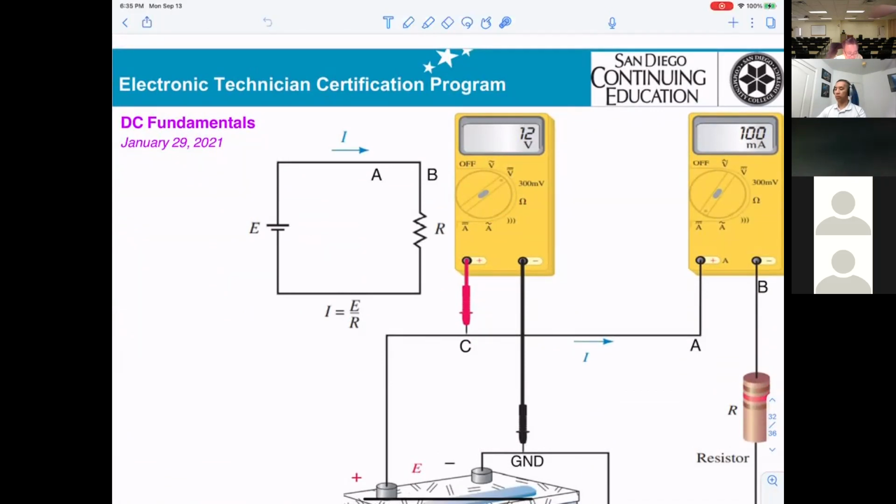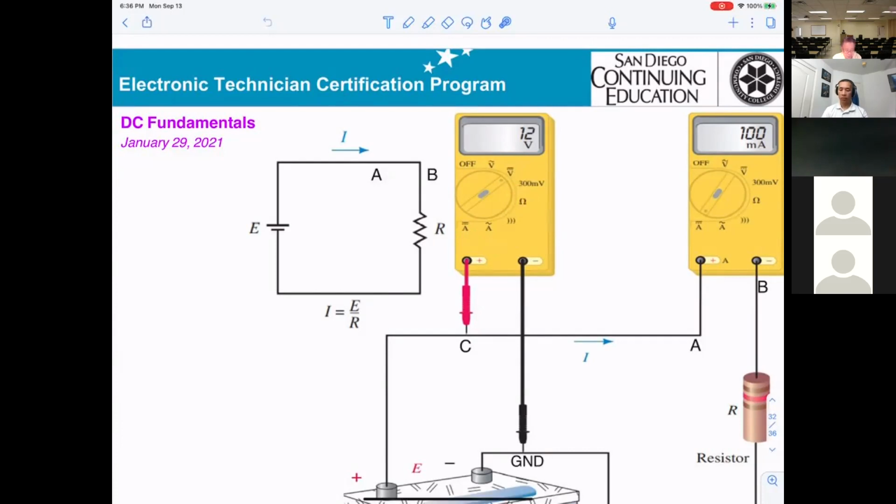For voltage, it can measure DC voltage or AC voltage, depending on how you set it: on this one you measure DC, on the other one you measure AC. And if you want to measure current, it will be DC current or AC current, and you can also measure the resistor.